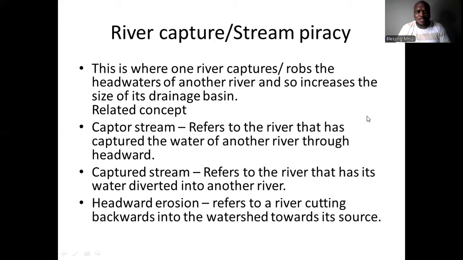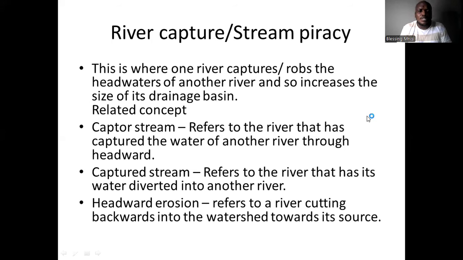Then there are related concepts that you must know and understand when it comes to river capture. The first one is the capture stream. What is the capture stream? The capture stream refers to the river that has captured the water of another river through headward erosion.